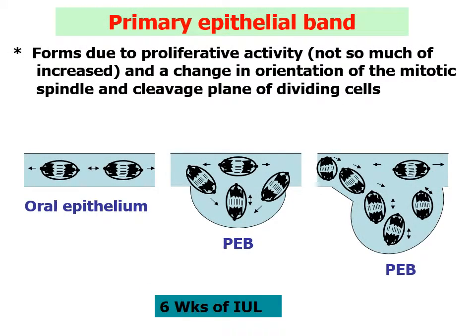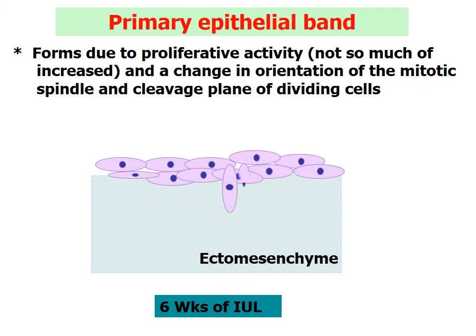This primary epithelial band is formed due to proliferative activity, which is said to be not so much an increase, but a change in orientation of the mitotic spindle and the cleavage plane of dividing cells. So here you can see how it is formed.